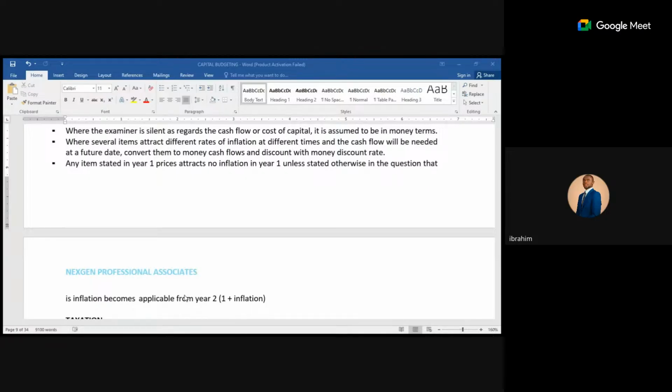The thing is that it depends on what is given to you in the question. The question may tell you that the inflation will start from year two. Meaning that if your inflation starts from year two, your year two is year one. Right? Sometimes inflation will start from year one or per annum, like that. We'll get there actually. Right.